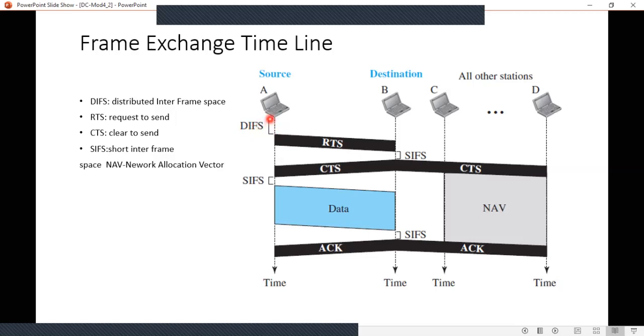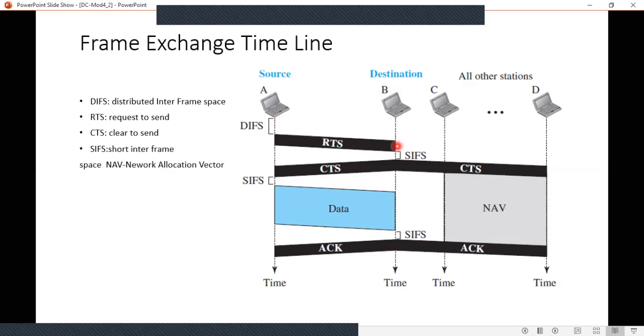Now it will wait for the DIFS time period, and then it will send an RTS frame to the destination B. RTS is nothing but request to send. It is sending a request to B, that is the destination.